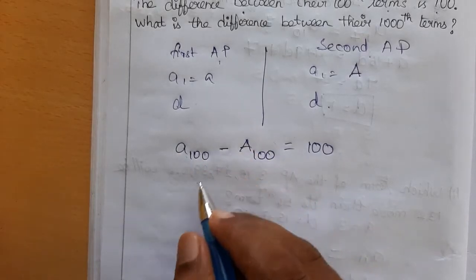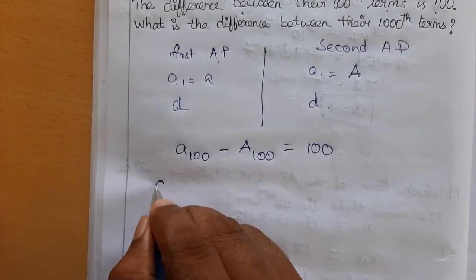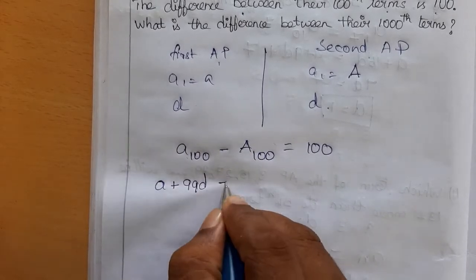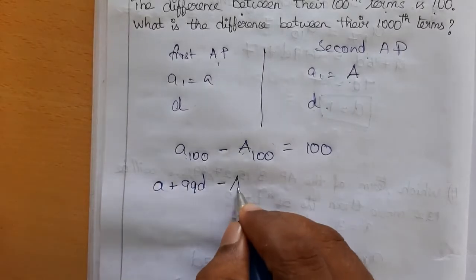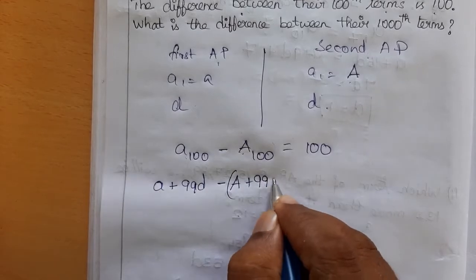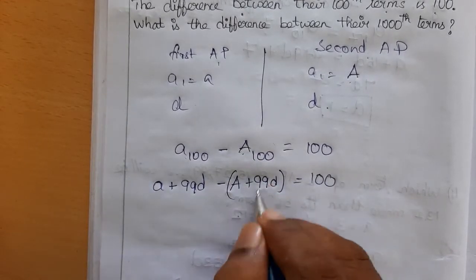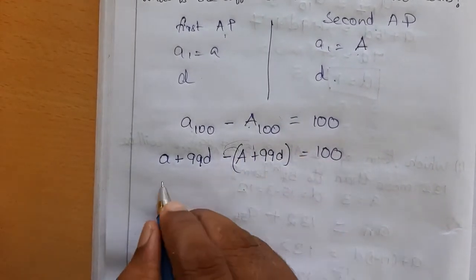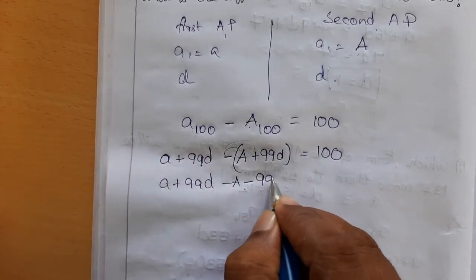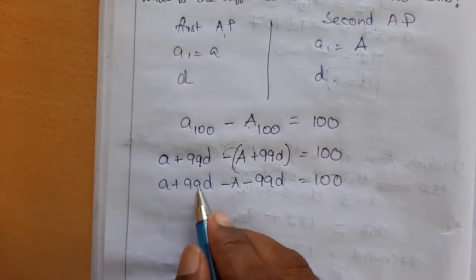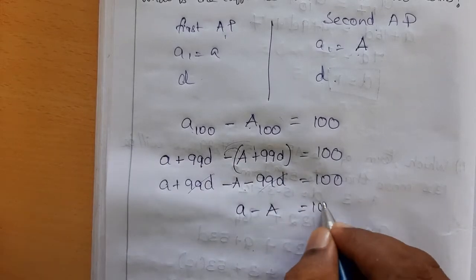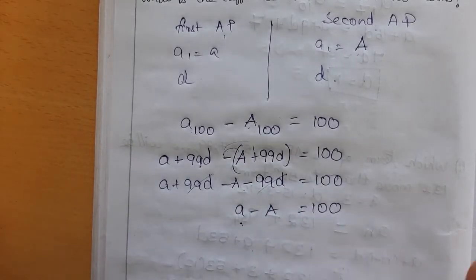Let us substitute the general term. a 100 will be written as a plus 99d, minus, here the first term I represent as capital A, so capital A plus 99d, is equal to 100. Let me expand this bracket by multiplying minus inside: a plus 99d minus A minus 99d is equal to 100. So plus 99d minus 99d is 0. So a minus capital A is equal to 100. So the difference of the first terms is also 100.